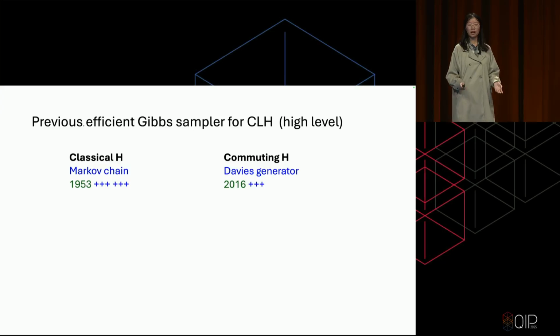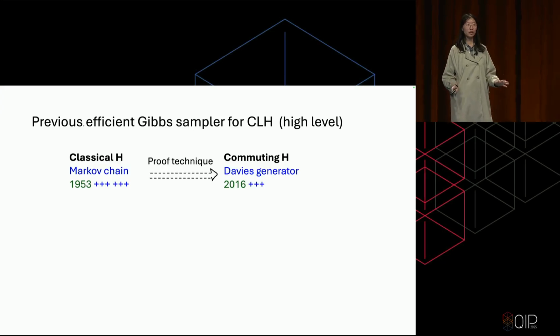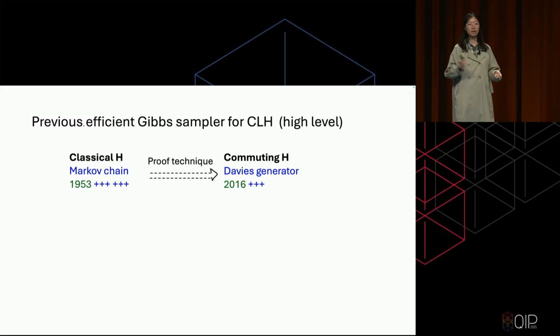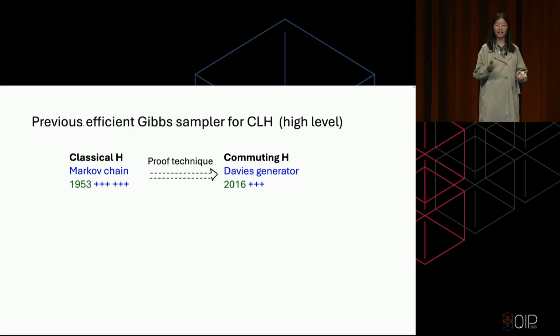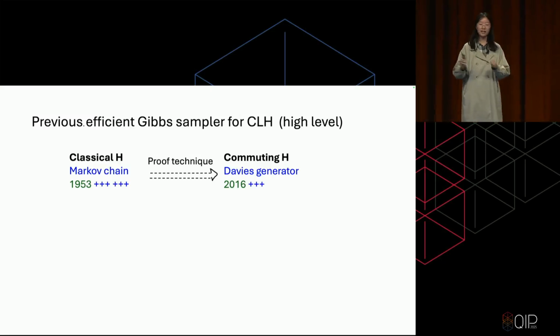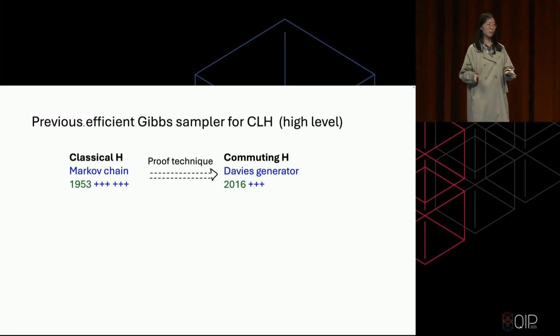One more thing: those two types of problems have some connection. Most previous results for commuting Hamiltonians generalize the proof techniques for analyzing classical Markov chains to analyzing the spectral gap of the Davies generator. That's what people did before.